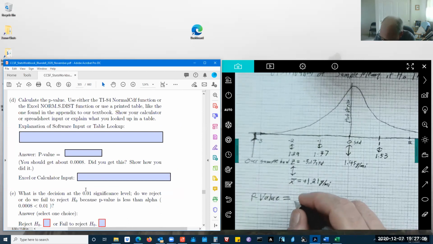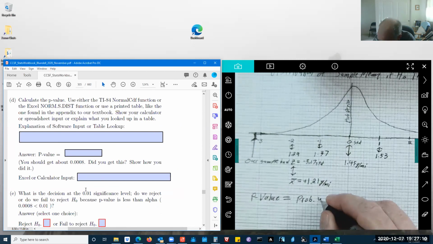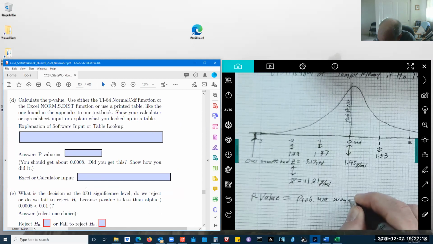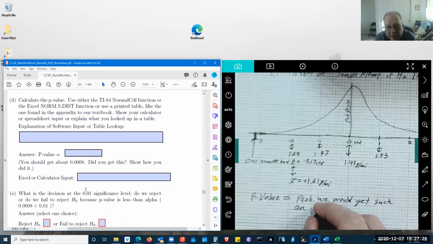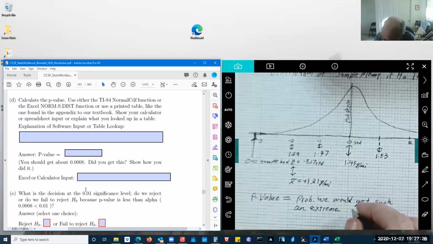So, it's the probability that we'd get such an extreme sample mean as we got if the null hypothesis was true.